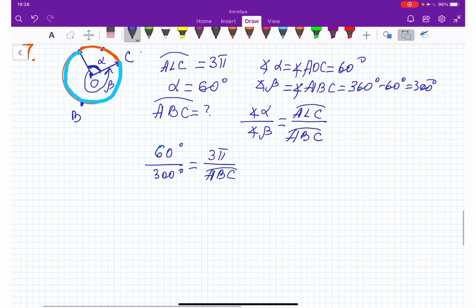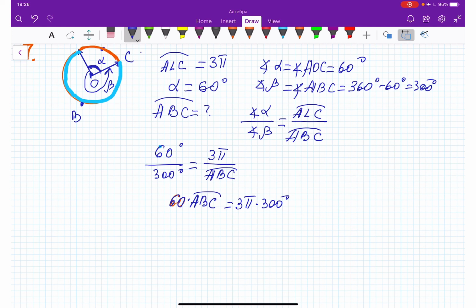So from here, when you have this type of fraction, you can do cross multiplication. I'll show you, which means 60 times ABC is equal to 3 pi times 300 degrees.